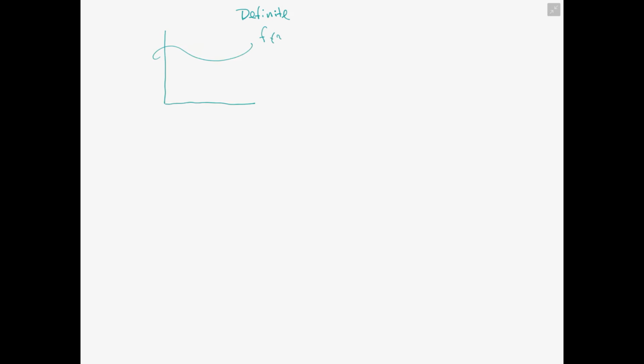But now we're going to do definite integrals. Now definite integrals, that means that if we have a function, we've already seen this, f of x, and we want to evaluate that integral on 2 points.